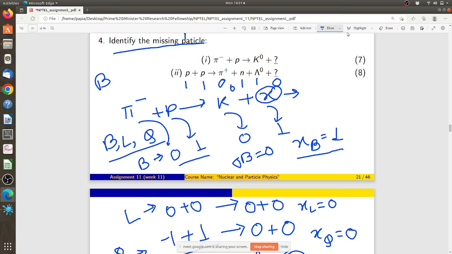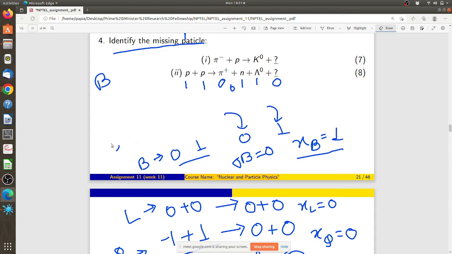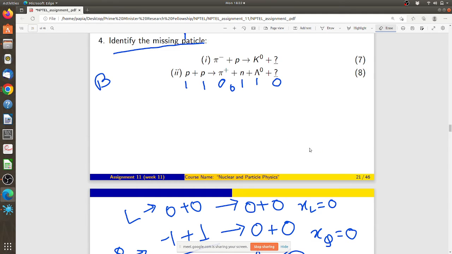Just a minute. I have to erase these things. Okay, now tell me the L value. Proton is not a lepton, so LHS is 0.